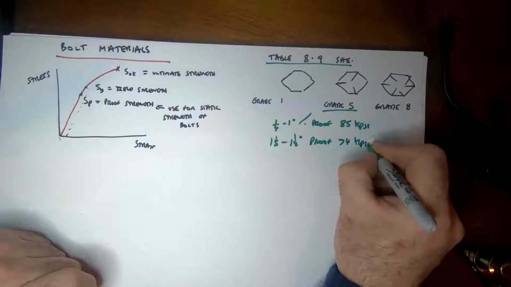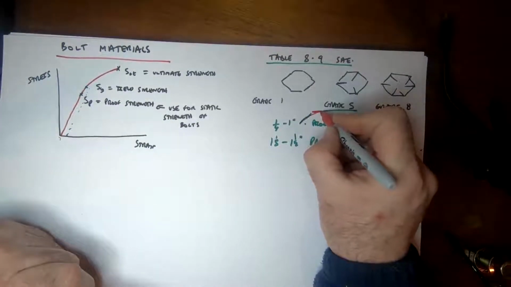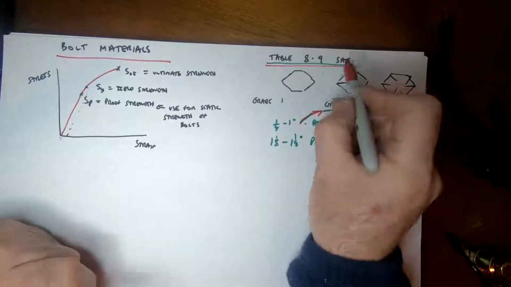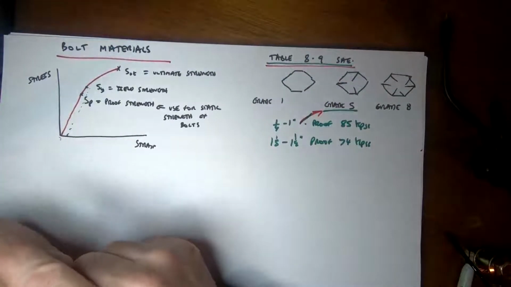So the bigger bolt's actually not quite as strong as the smaller bolt. So that would be for a grade 5. And table 8.9 gives you that information for those different grades of bolts.